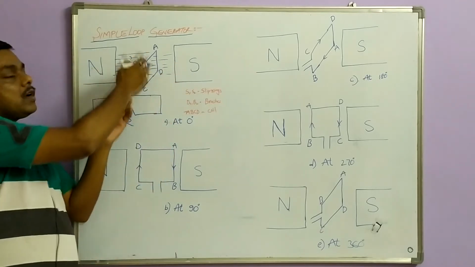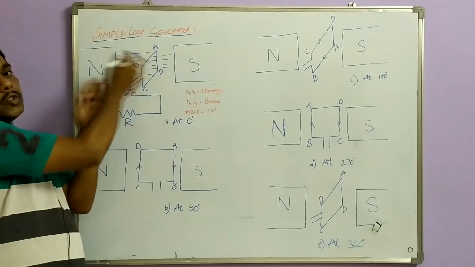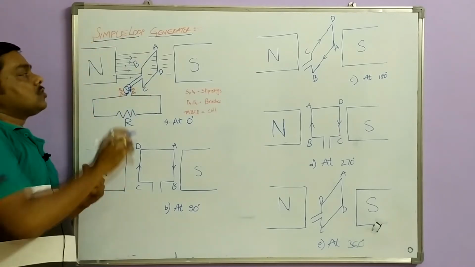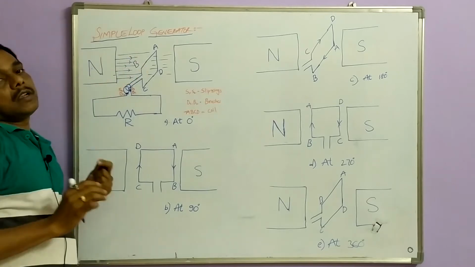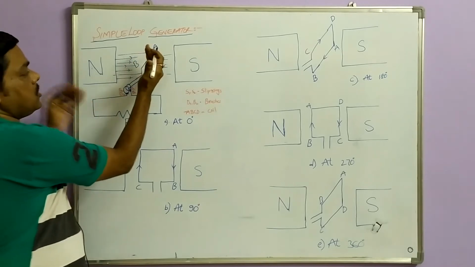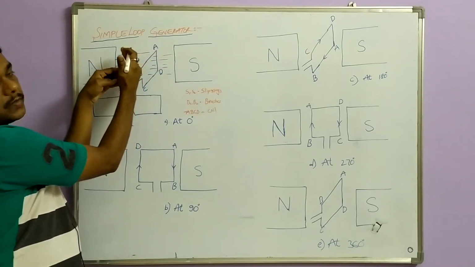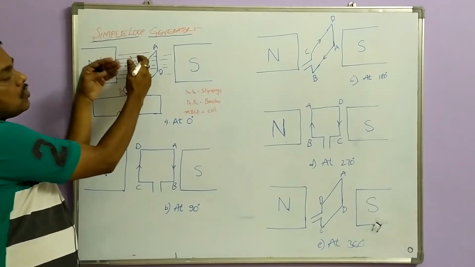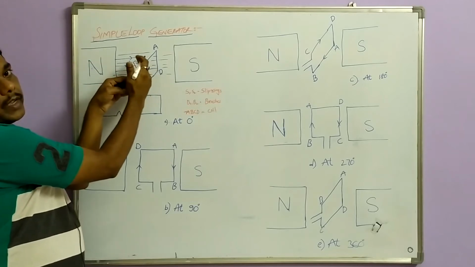You place one coil, that is the ABCD coil, in between these two poles in vertical position. So the total flux links with this coil. There is no flux cutting action here, but the flux linkage is very high.